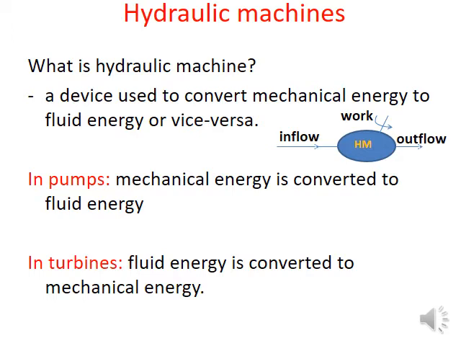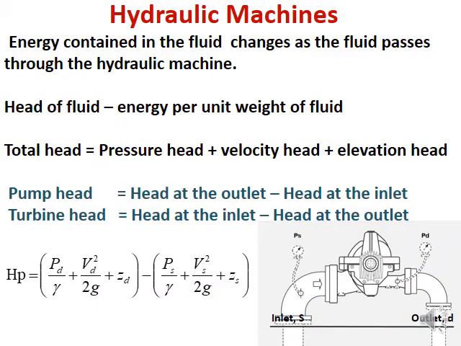Now, if you see this slide, next slide, see what happens within a hydraulic machine. So, energy that is contained in the fluid is changed while the fluid passes through the hydraulic machine.